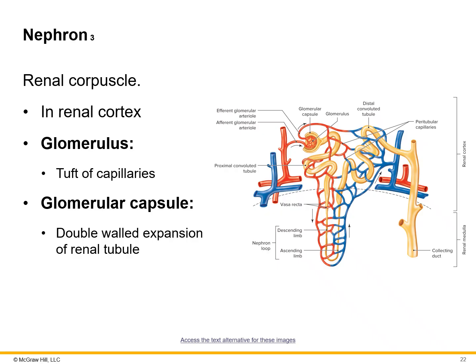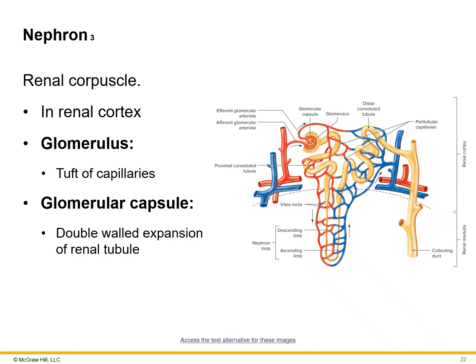And what happens is that as it leaves the glomerulus, the blood in the efferent glomerular arteriole will next enter the peritubular capillaries.